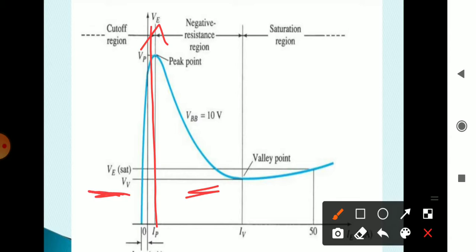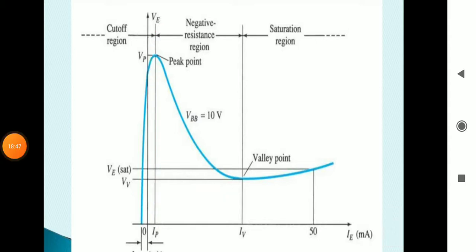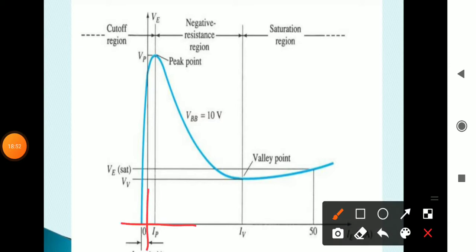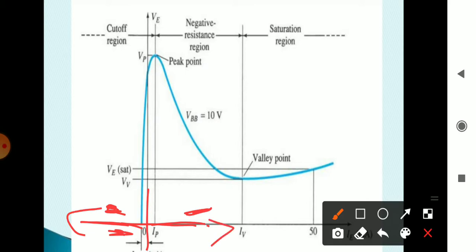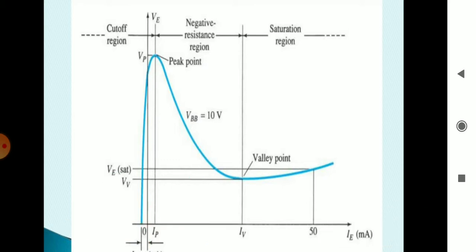But if I show the current over here and over here, it means it's a reverse current, and this one is a positive current and negative current. But the voltage here is positive, here also it is positive. That is basic; in order to draw the graph, you should know that.